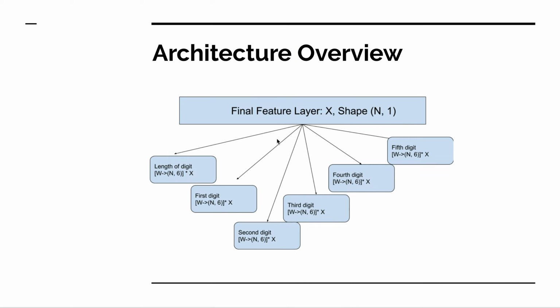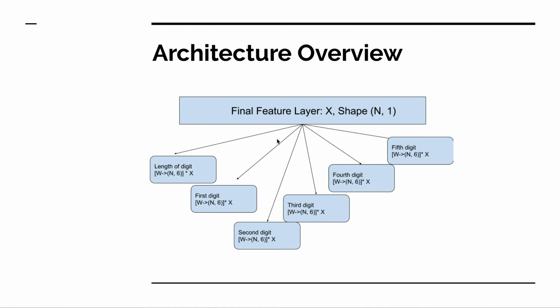So the meat of the project is that I'm trying to classify the digit sequence in one shot instead of separating each digit and classifying them separately. This idea could come from Ian Goodfellow.